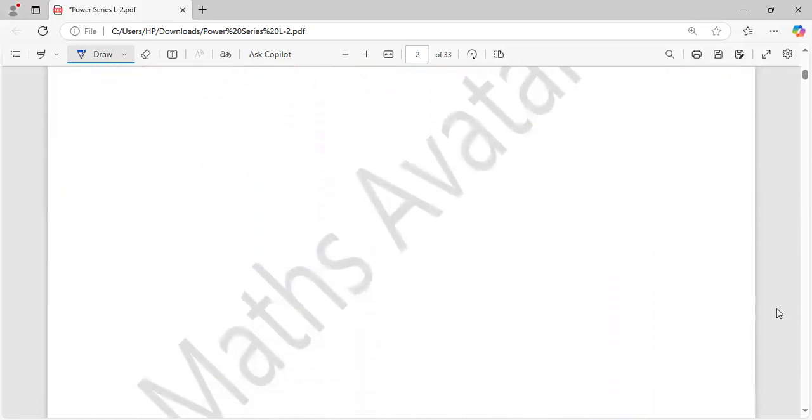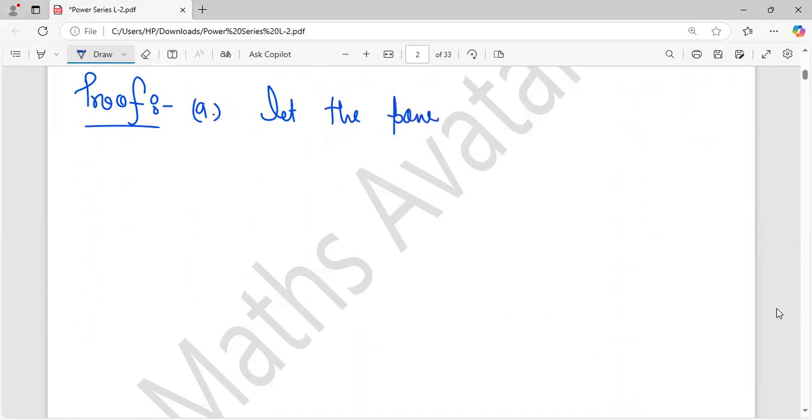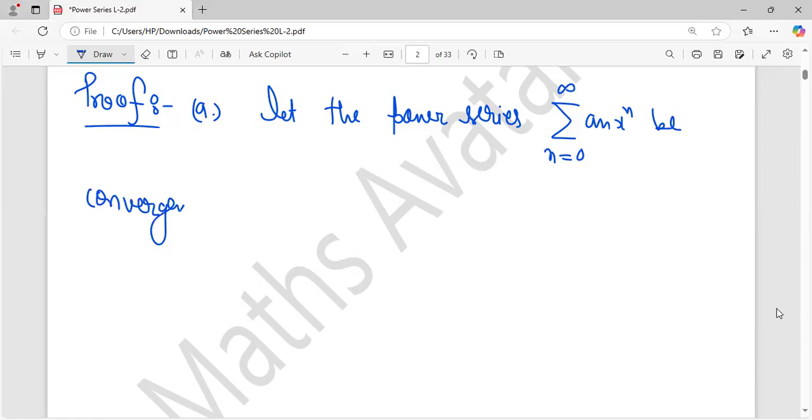Let's prove part A. Let the power series summation n goes from 0 to infinity a n x to the power n be convergent at x equal to c, that is non-zero.